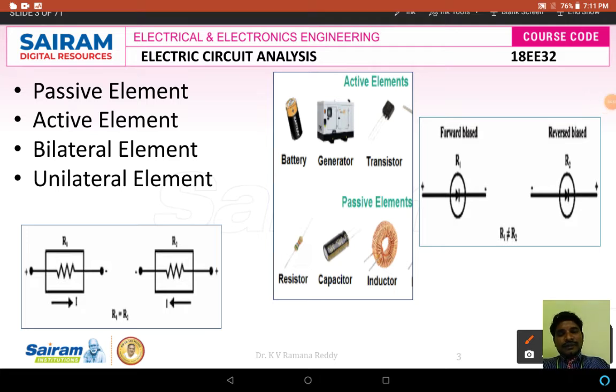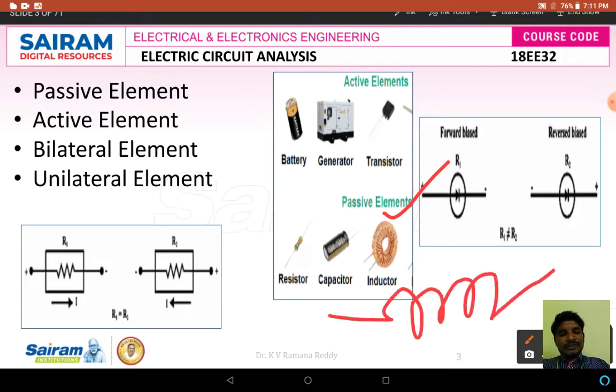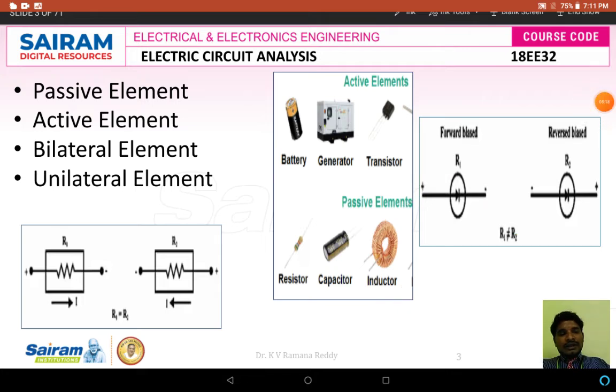Another passive element is the inductor. How is an inductor made? A piece of wire twisted in the form of a coil is called an inductor. An inductor is denoted with the capital letter L. When current is given to the inductor, or coil, which is energized, current flows through it.